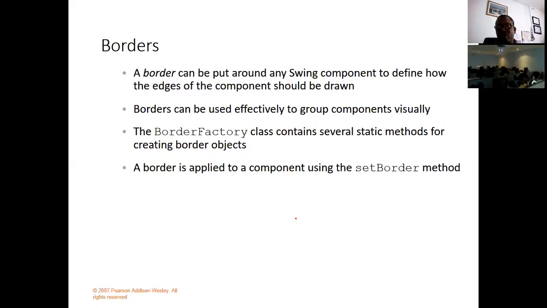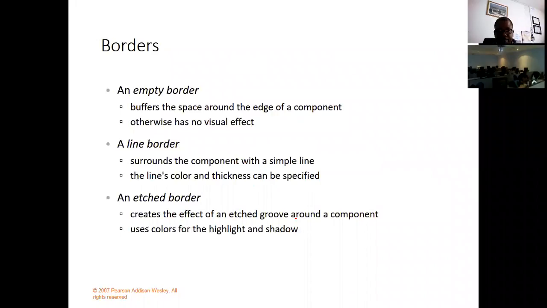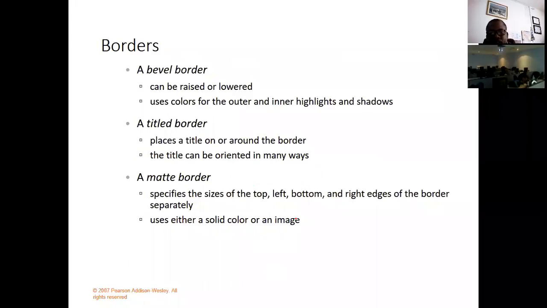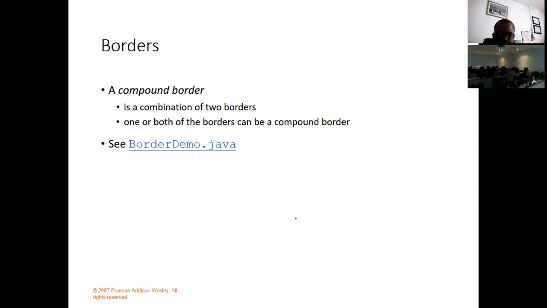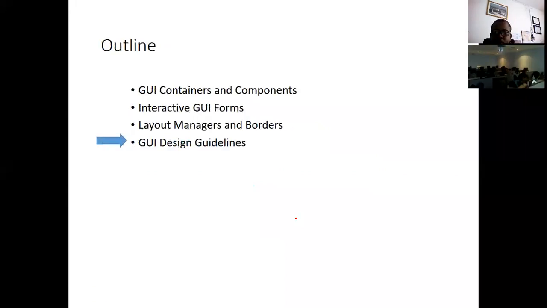We can use it for color purposes or to distinguish or to allow our user to see differences in segments of our application. So you can use a line border, an etched border, or an empty border, bevel or titled border, or even a matte border. All right. You can combine different borders together to make your program look more interesting. All right.